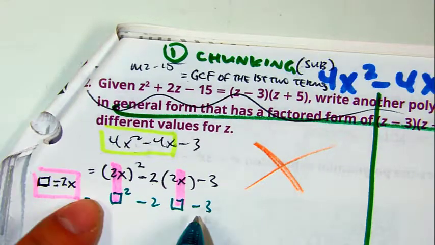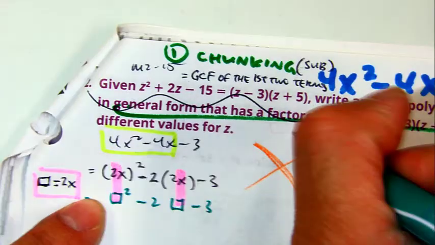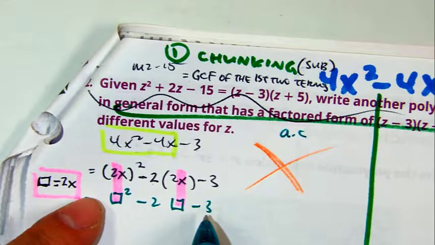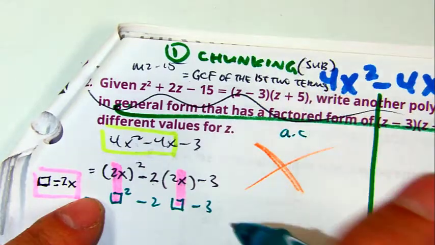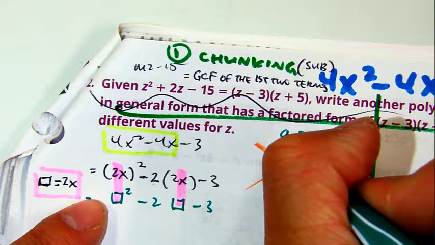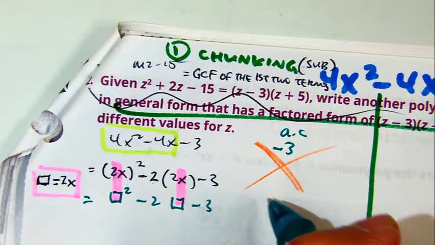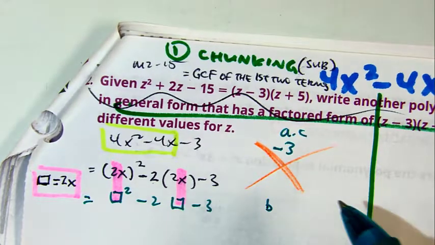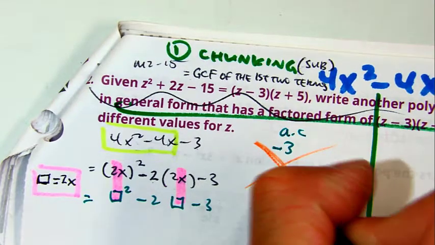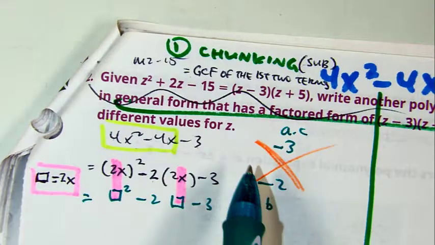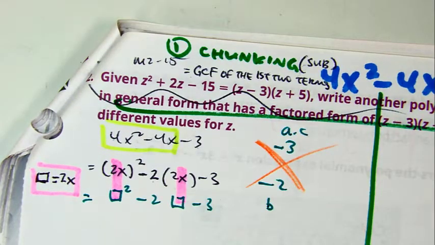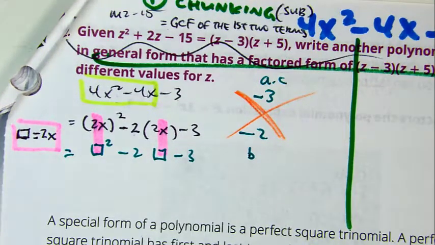A times c, what's my a value, class? 1. And your c value? Negative 3. So a times c is negative 3. What letter goes down here? The b value. What's your b value? Negative 2. Partner A, whisper to partner B, what are the two numbers that go there? What are your two numbers that go there? Negative 3 and 1. Juan, what are your two numbers?